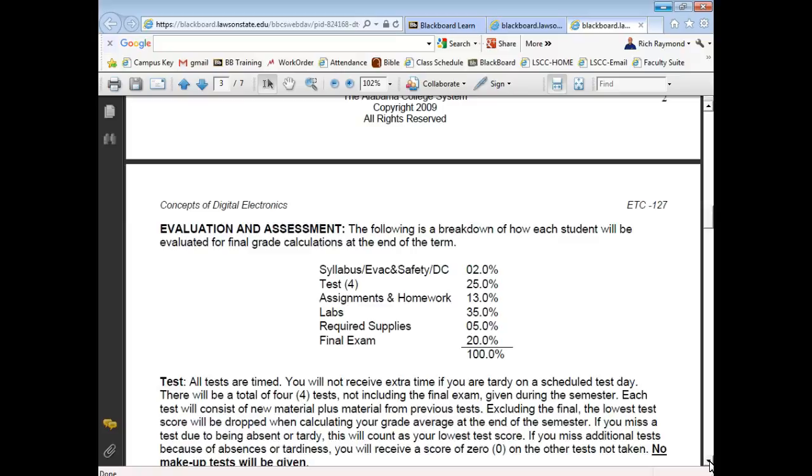And I sent him a nice email back, and I said, well, your syllabus quiz doesn't have the same weight as your final exam. So if you make 100 on all these quizzes, and you make 0 on these, you're still going to have a big problem. So when you calculate the average, you can take your averages and multiply them by these percentages, and then you can add the numbers up on the right-hand side, and that would give you your grade.